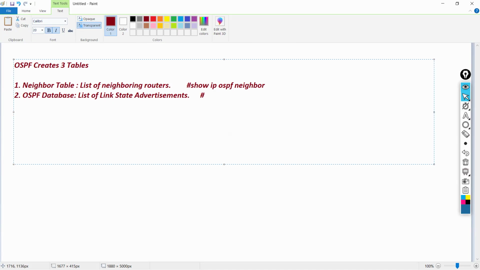How do you check it? You say show ip ospf database.